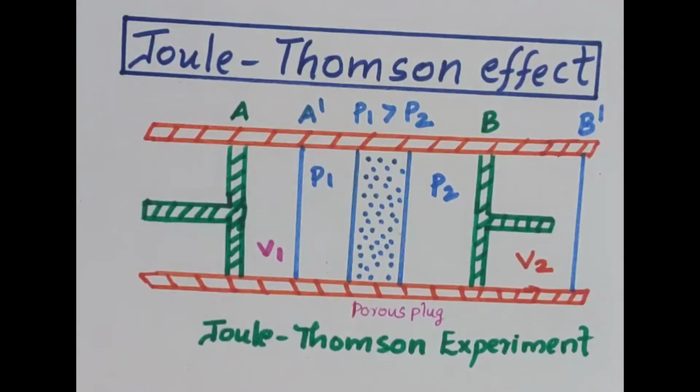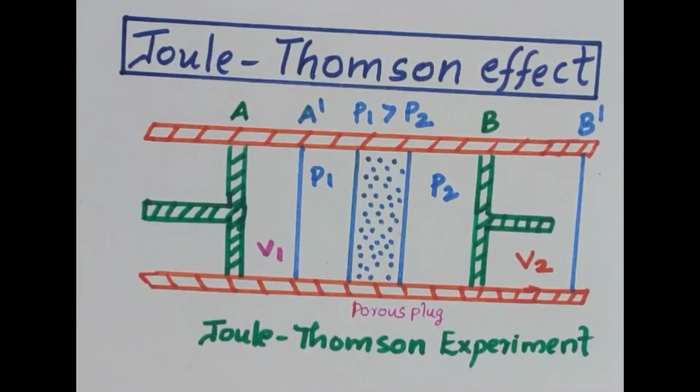That is, the gas is expanding adiabatically, and we can say it like this also: when a gas expands from high pressure to a low pressure through a small porous plug, there is a change in temperature.